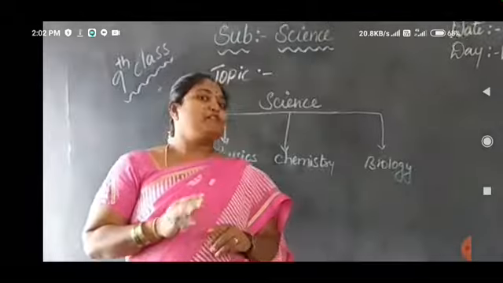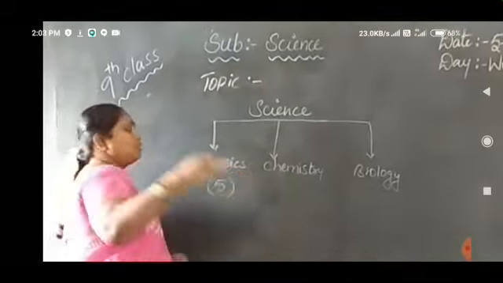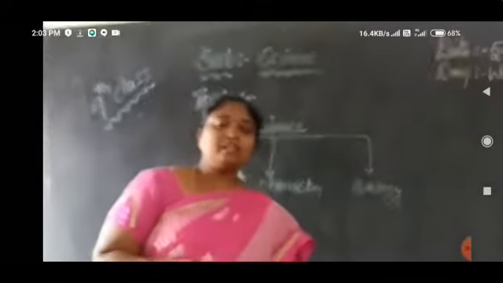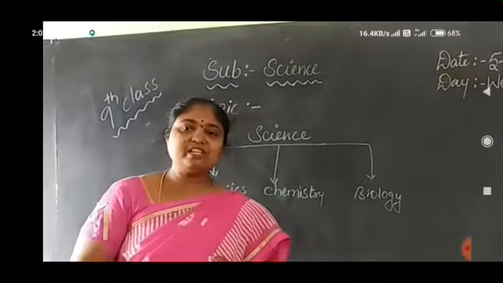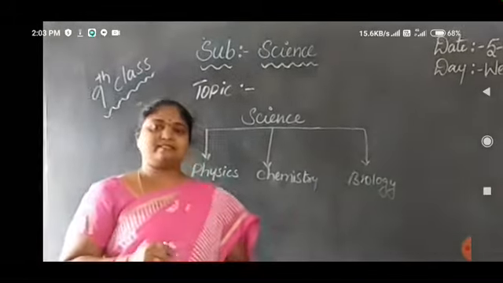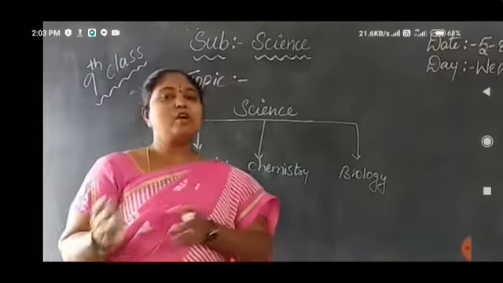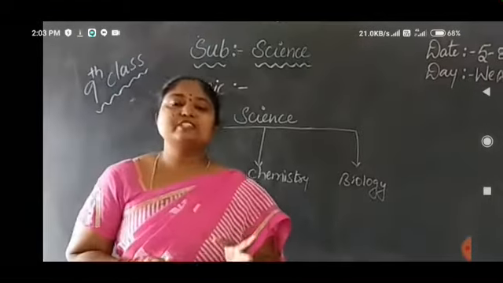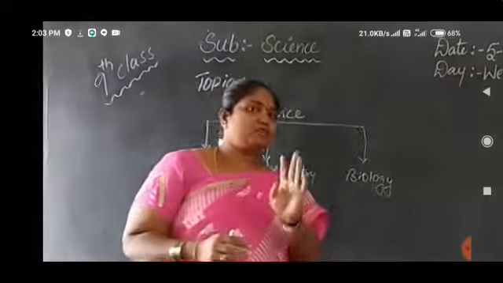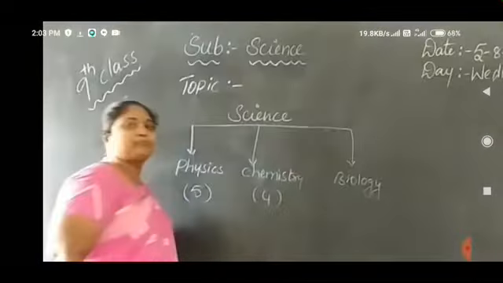So totally we are having 5 chapters in physics. Next, let me go for the chemistry. In the chemistry, the first chapter is matter in our surroundings. Is matter around us pure? Atoms and molecules. Structure of the atom. So totally we are having 4 chapters in the chemistry.